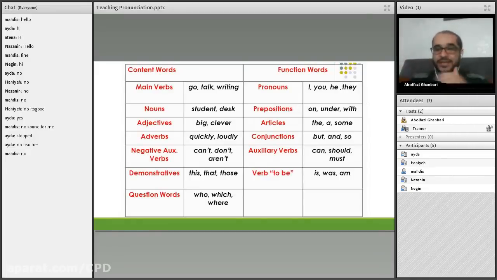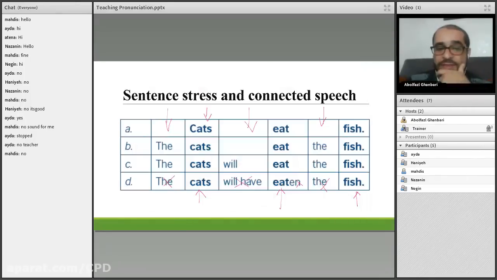In a sentence, we say content words with more emphasis rather than function words. Look at this example again. The cat will have eaten the fish. We do not say the cat will have, yeah?